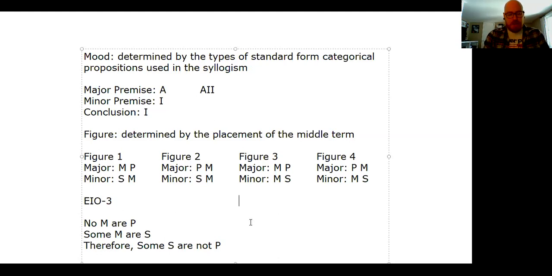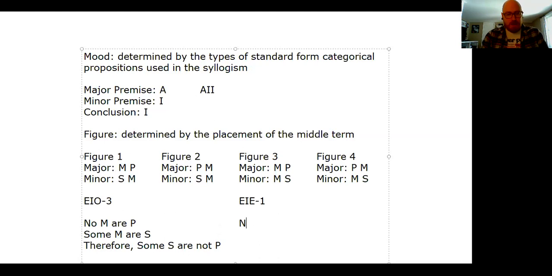Let's do an EIE1. So it's in figure 1. Since it's in figure 1, the middle term is the subject of the major premise, and the middle term is the predicate of the minor premise.